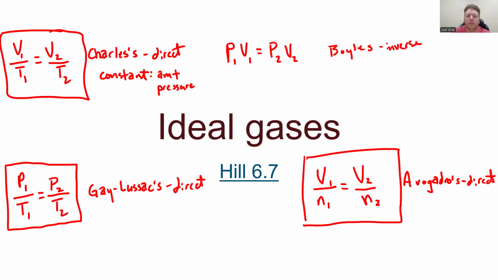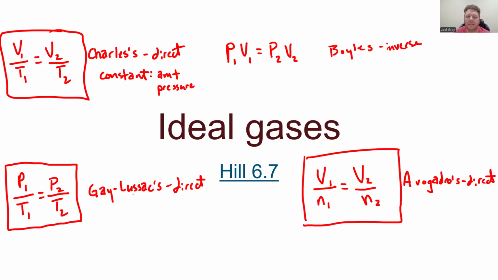If you increase the volume of a container that a gas is in, the temperature is going to increase, but if you also added more of that substance in, then your relationship is not necessarily going to be true, because if you're changing more variables, it's less accurate to look at these equations.